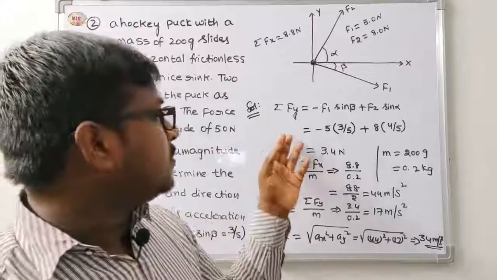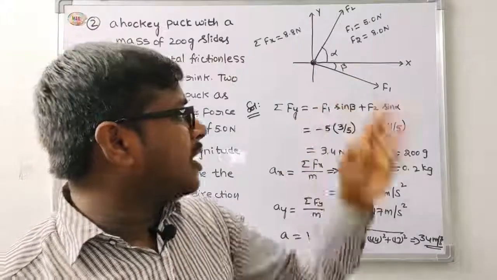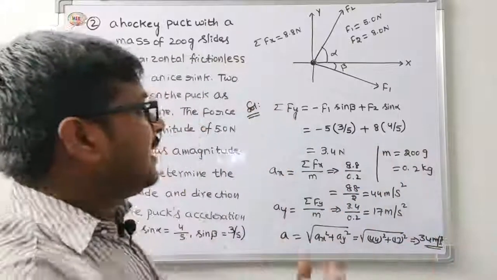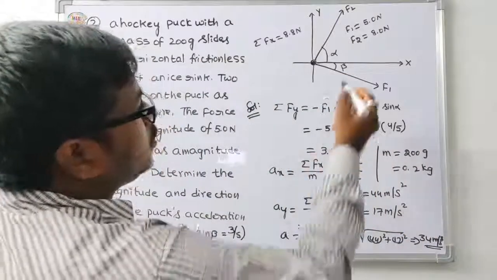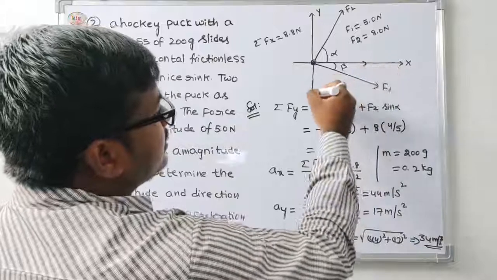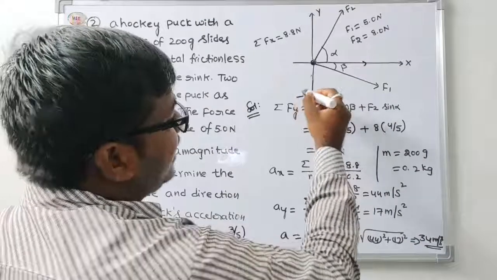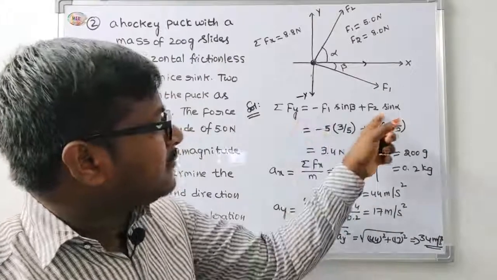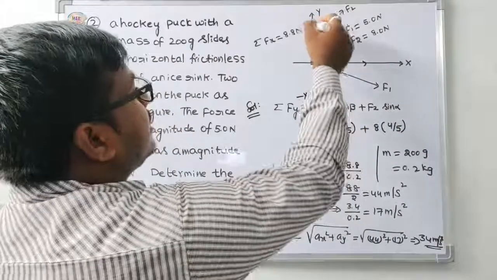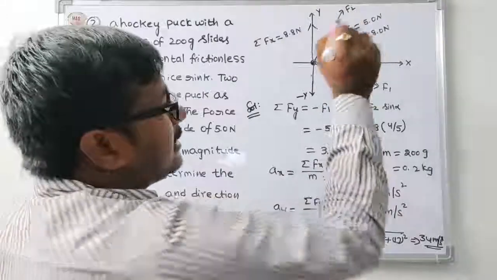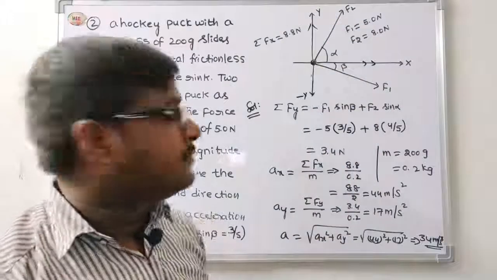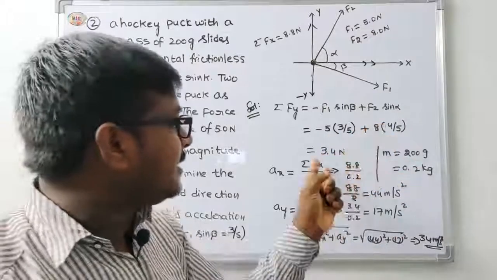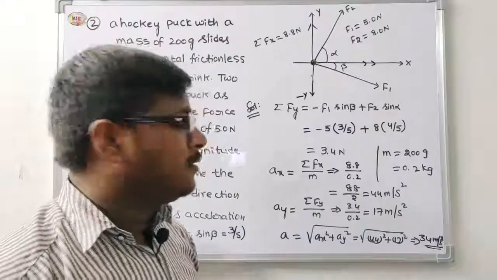Next, the net force acting along the y axis, sigma Fy, is equal to minus F1 sin beta plus F2 sin alpha. The minus means the component is along the minus y axis. So minus 5 into 3 by 5 plus 8 into 4 by 5, that is equal to 3.4 Newton.